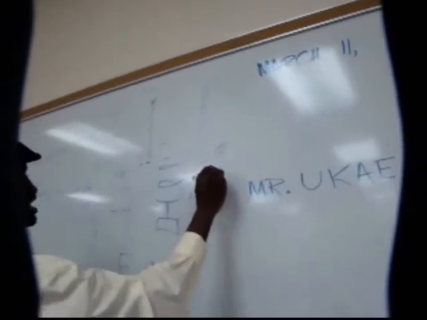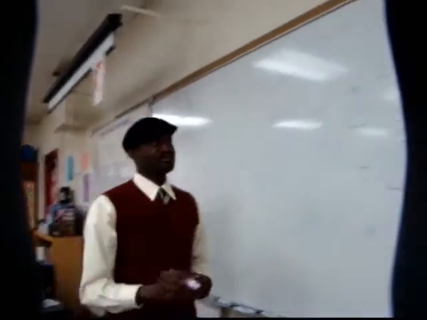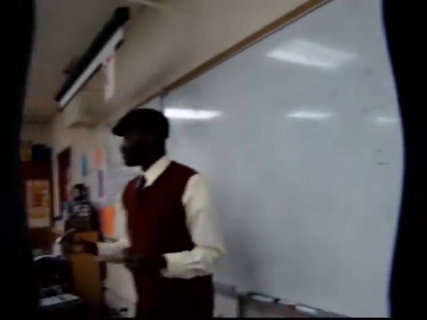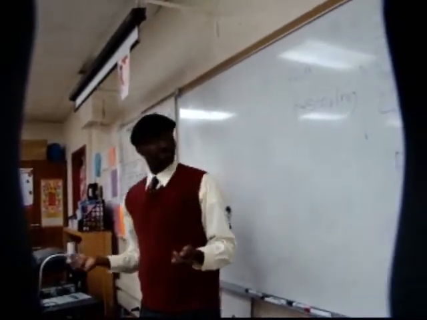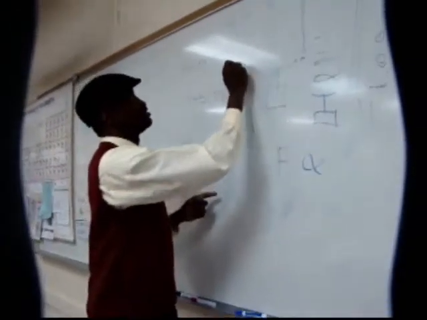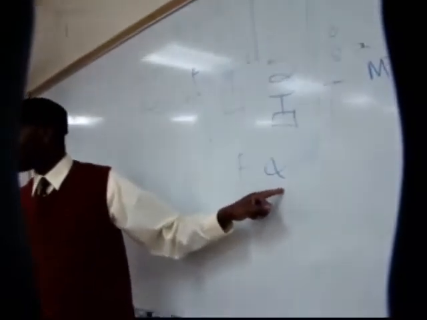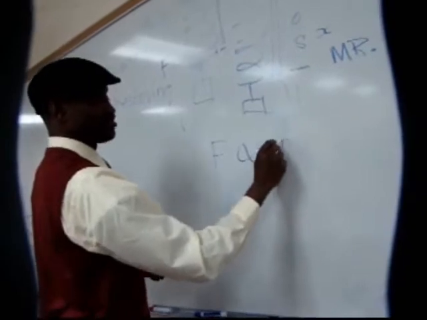You can represent it either by S to indicate displacement, or represent it by X to indicate displacement. It's the same thing. Now, this very restoring force is directly proportional to the displacement, S.